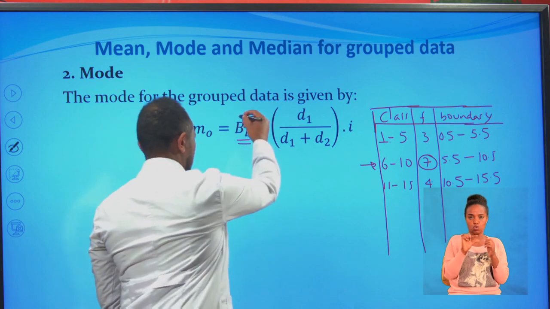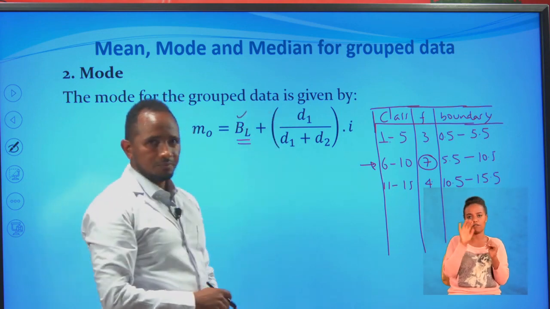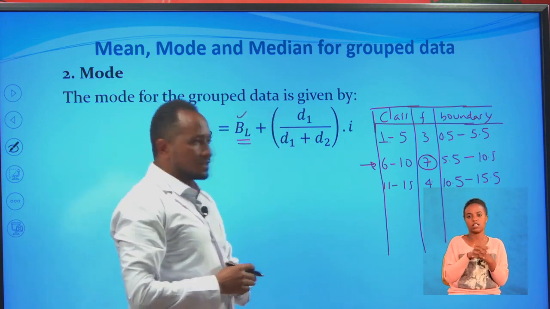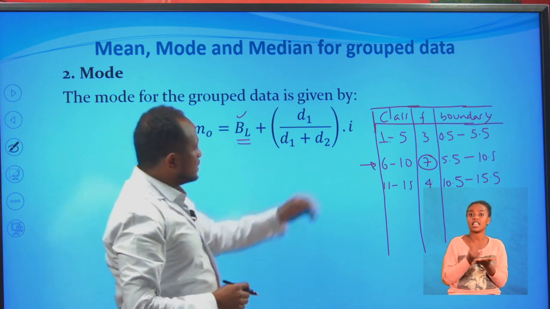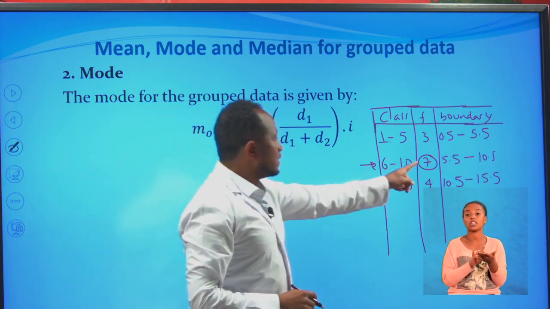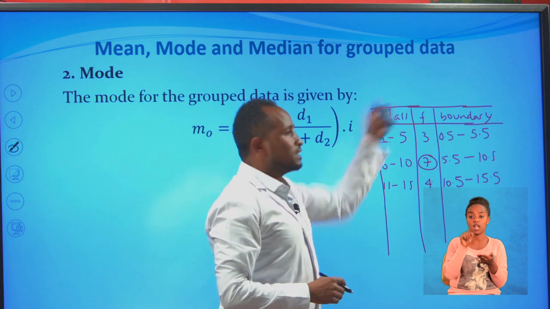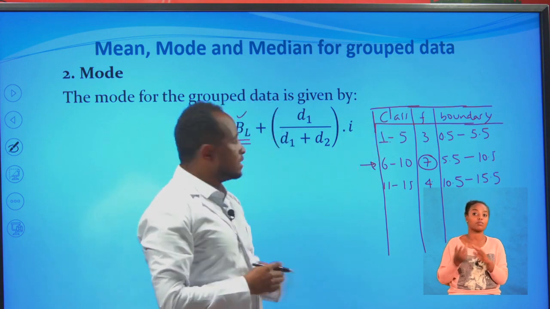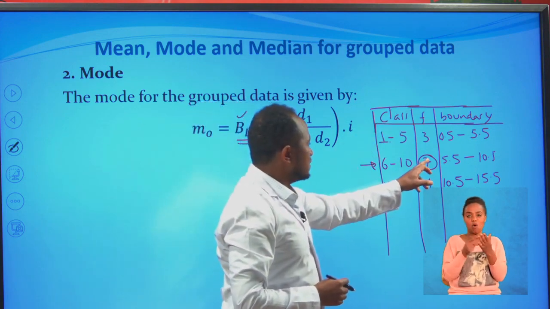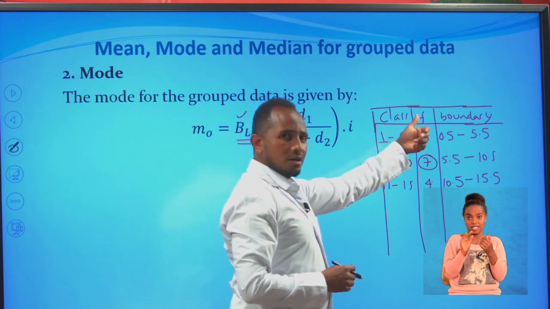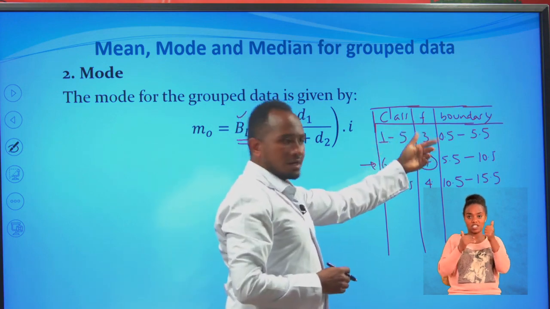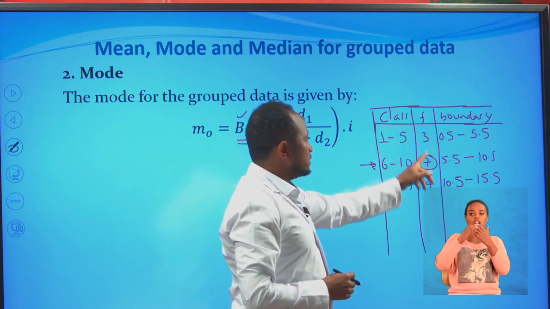So we have 5.5 here. D1 is the difference between the frequency of the modal class and the preceding class. So we have 7 here. The frequency in the preceding class is 3. So the difference is 4.